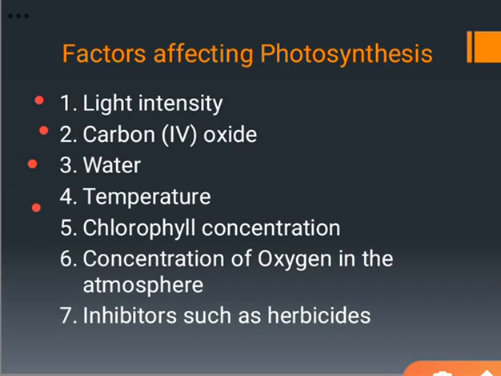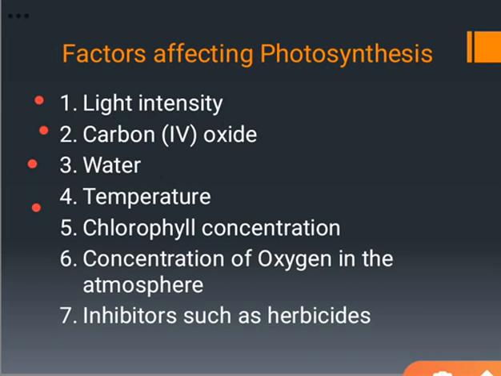So if temperature is very high, it's not going to make the enzymes work optimally, and that will slow down the rate of photosynthesis. But when optimum temperature is available, the enzymes will work well, and that will increase the rate at which photosynthesis is taking place. Now, the rate at which photosynthesis is taking place is noted by the amount of sugar that is formed each time in the leaves of the plant.